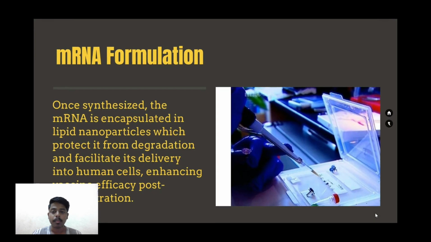Next, mRNA formulation. Once synthesized, the mRNA is encapsulated in lipid nanoparticles, which protect it from degradation and facilitate its delivery into human cells, enhancing vaccine efficiency after administration.